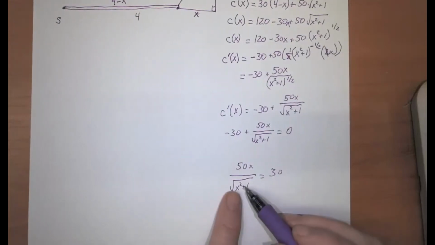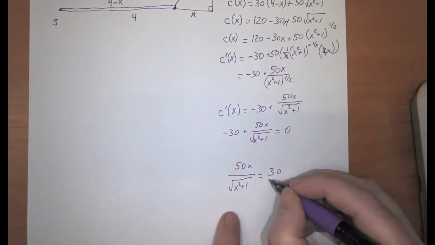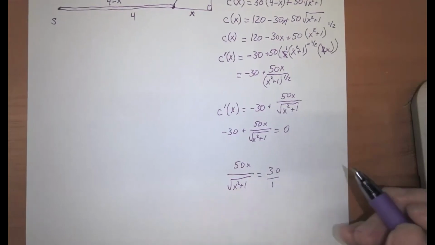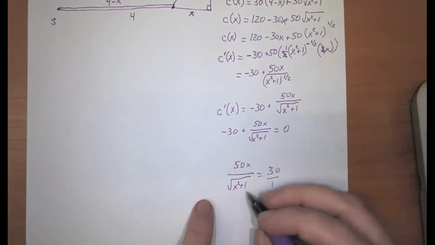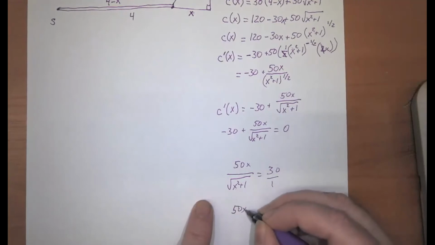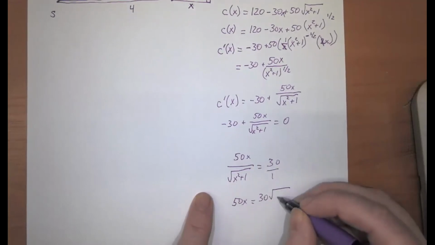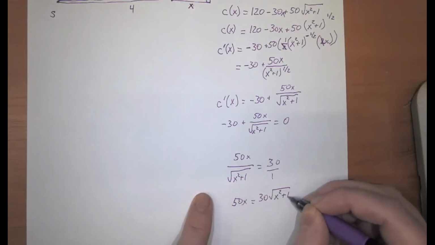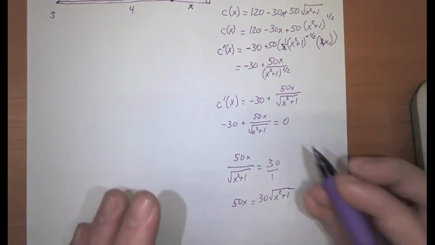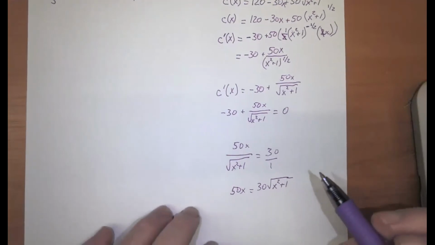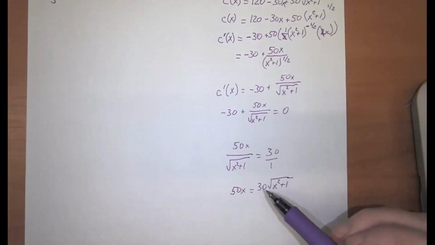And now we can move this over to the other side by, if we want to think of it as cross multiplying. So 50x times 1 is 50x is equal to 30 times the square root of x squared plus 1. Okay, this is getting prettier and prettier as we're going through, so at least we've got that going for us.